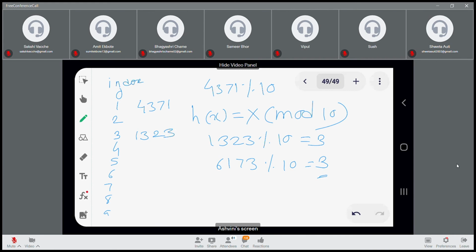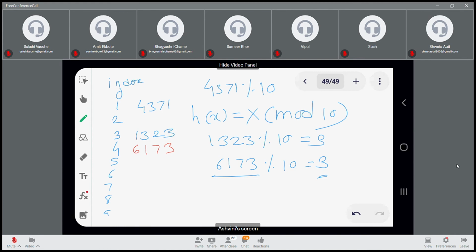So to place 6173, as we are applying the linear probing technique, you just have to find out the next empty position. So next empty index is 4. So I am going to place 6173 at index 4. Okay, it's a simple thing.